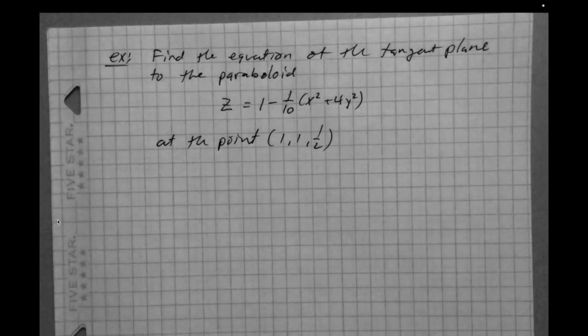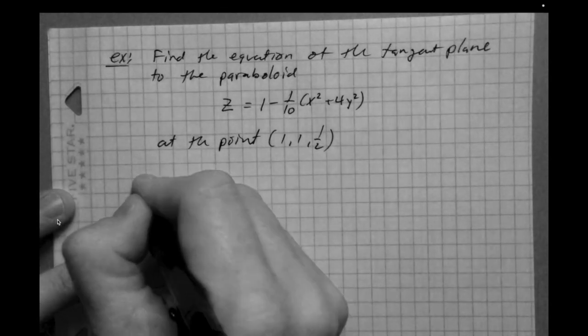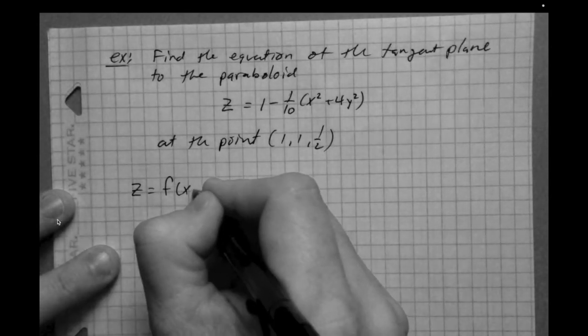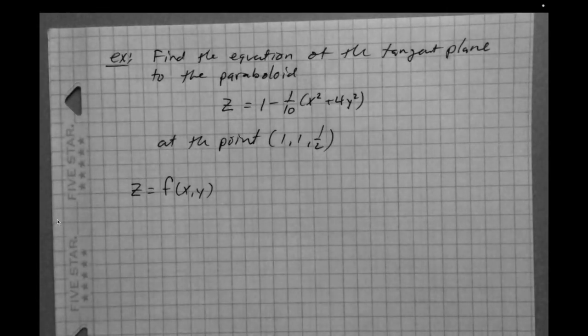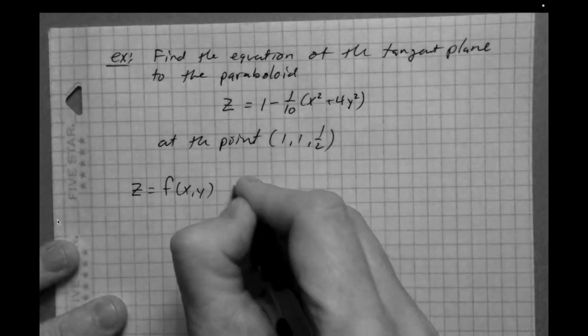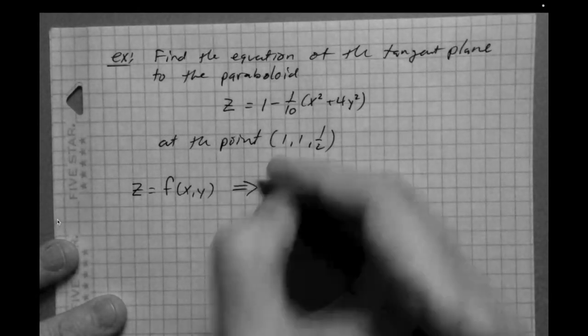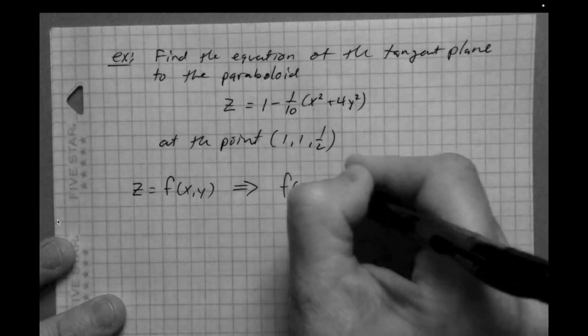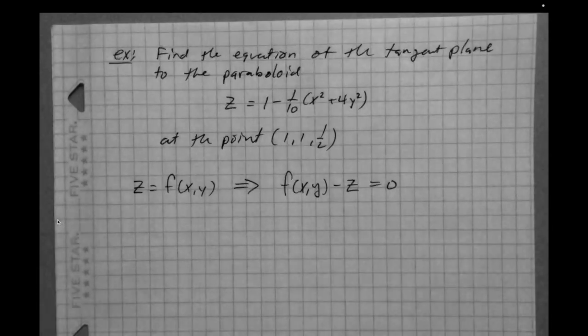Okay, notice that this is in the form z equals f of x comma y. And the theorem that we just looked at assumed that f was written in the form f of x, y, z equals 0. So what we can do here is notice that f of x, y minus z is equal to 0.